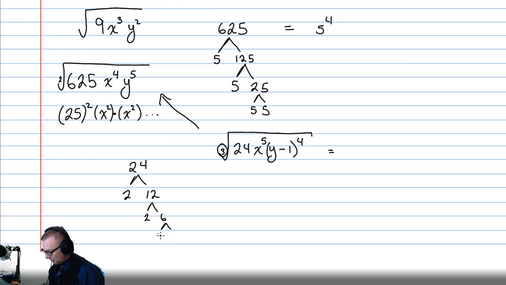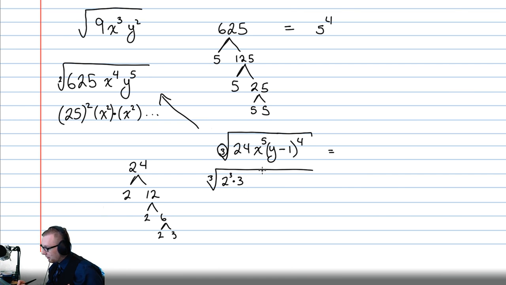And 2 times 3. So it will be 2 cubed. There you go. 2 cubed times 3 is 24. So what we could do is rewrite the question with all its factors. So 2 cubed times 3.